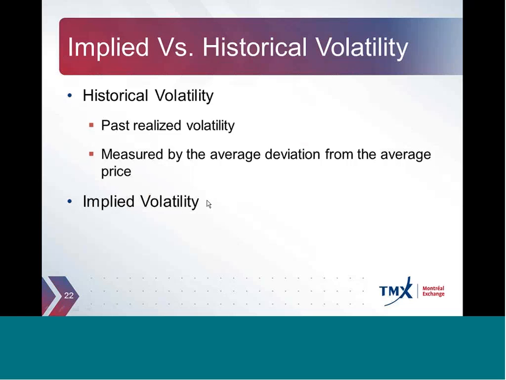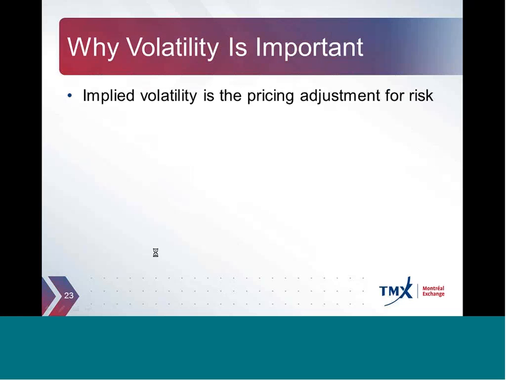Options will traditionally trade based on this historic volatility, but every now and again the option premiums will adjust based on the market's expectation of future volatility. And so what we want to recognize is that implied volatility is the pricing adjustment for risk.